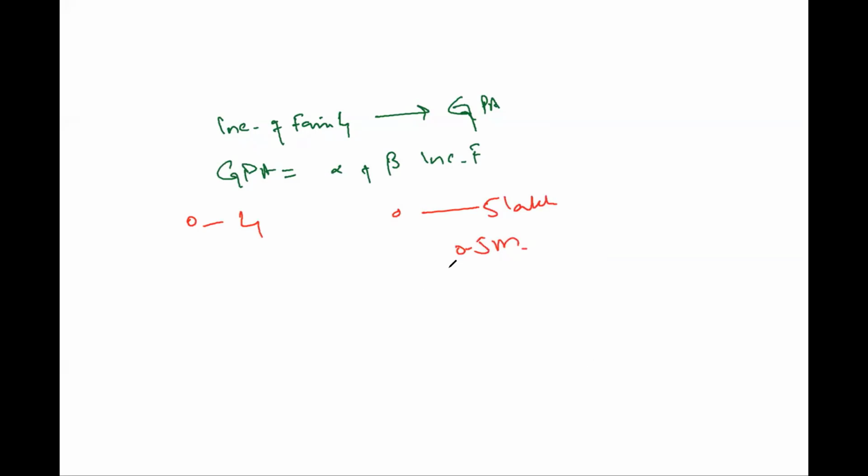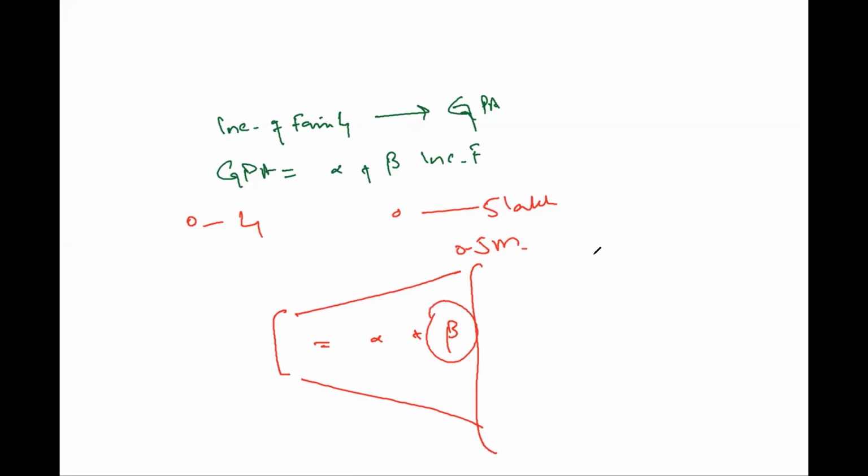Now if you try to estimate this model, your dependent variable is narrow, alpha plus beta, and the independent variable is very wide. So when you try to estimate, the regression has to shrink the independent variable to a smaller scale. So what will happen? The beta will tend to be very small.